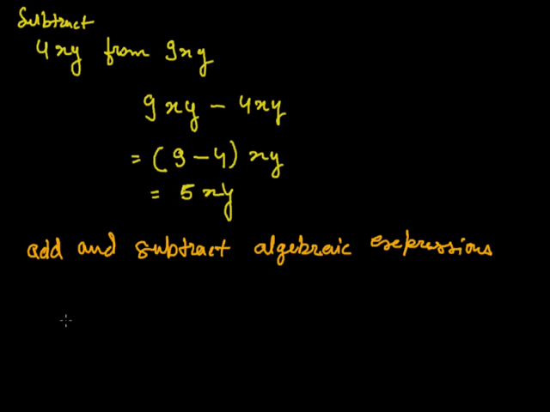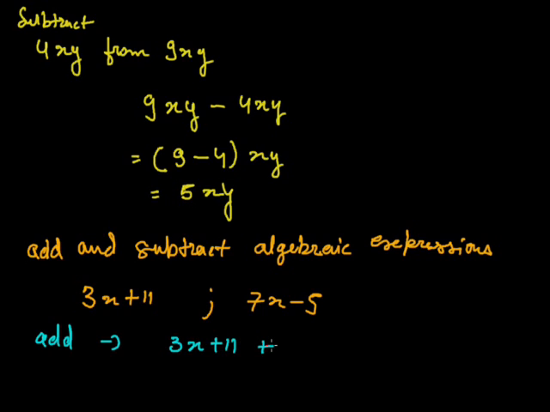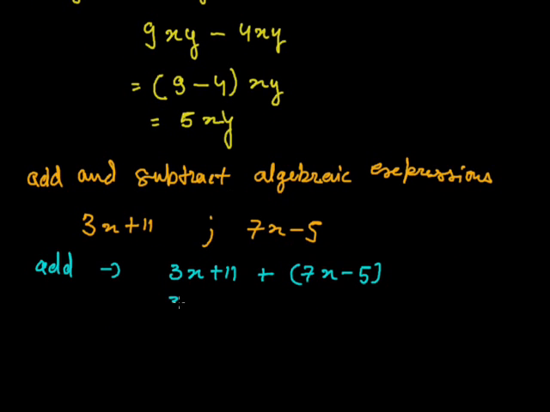Now if we are given two expressions, that is 3x plus 11 and another expression 7x minus 5, first we will understand how to add these two. To add these we will write 3x plus 11 plus 7x minus 5. Now we will open the bracket: 3x plus 11 plus 7x minus 5.